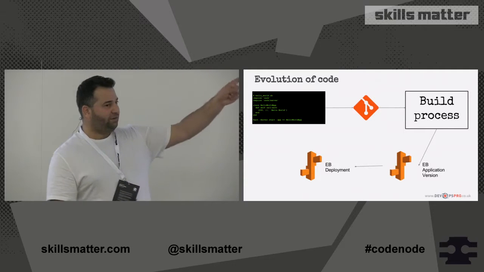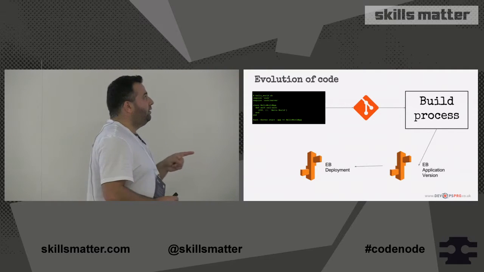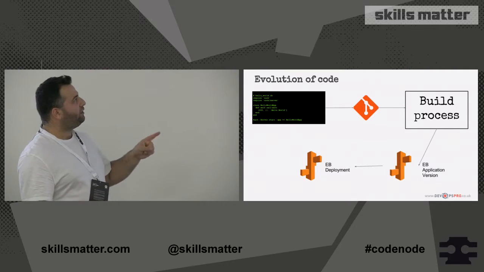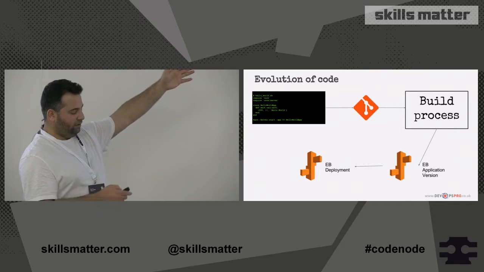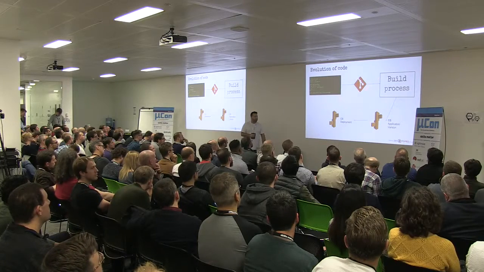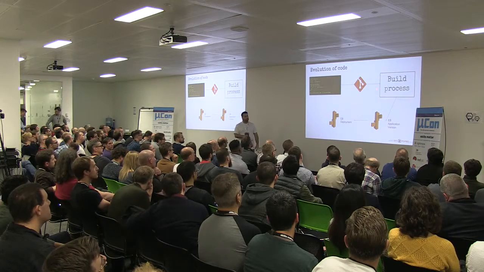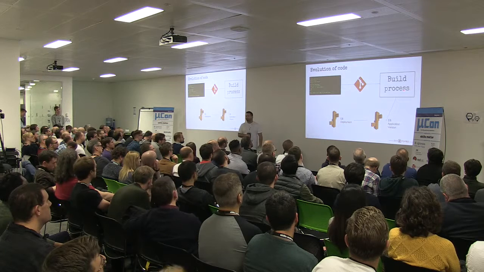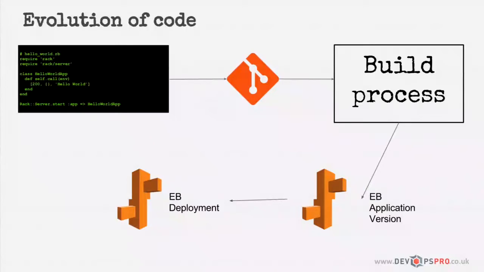The process is very simple, as you can see. I'm dropping the whole build process right now, but this is a small Ruby application that just returns a hello world. Usually we push it to Git. Afterwards, there's the build process, which I totally ignored right now. But usually what it does, it tests your code. It makes sure the tests are passing. It prepares the zip file and just uploads it to S3.